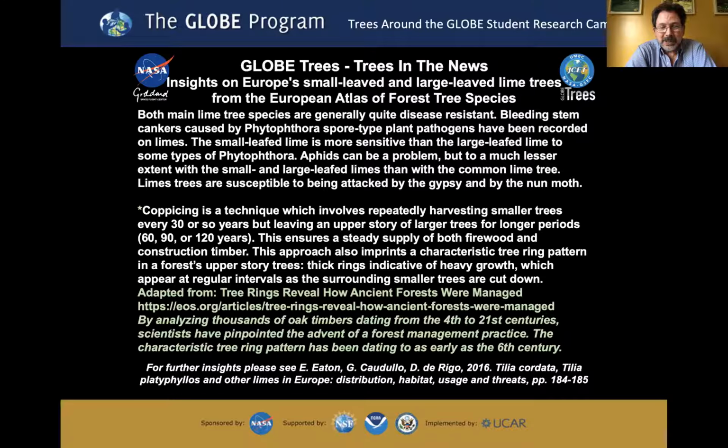Basically, by harvesting small trees and leaving an overstory, it creates a distinctive tree ring pattern where the larger remaining trees have a growth spurt because there's less competition for nutrients in the soil, et cetera.